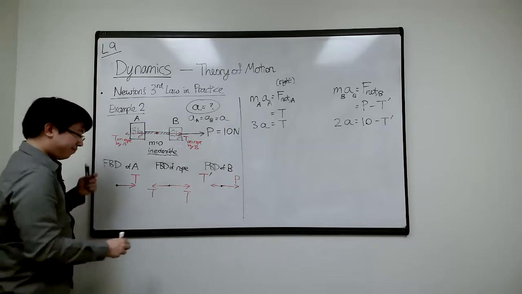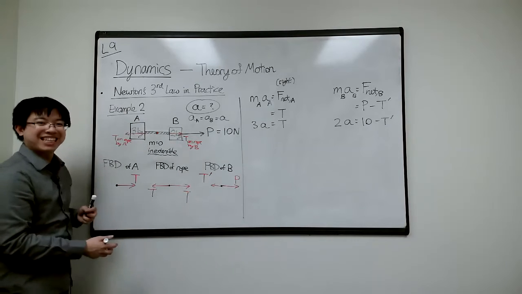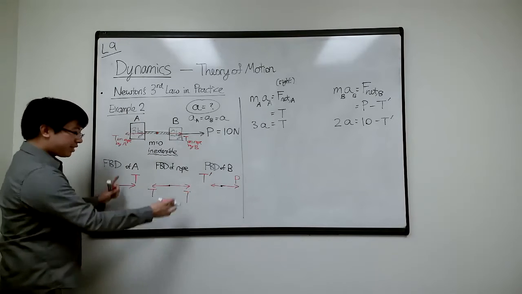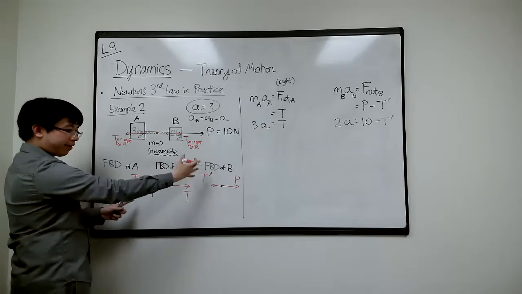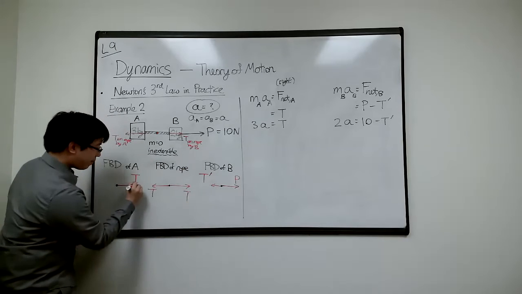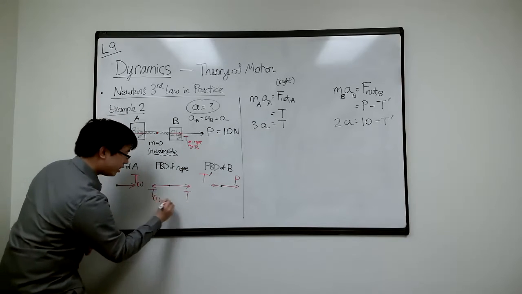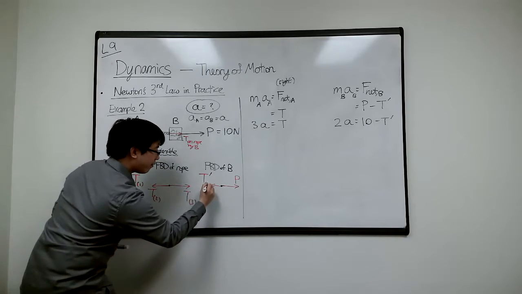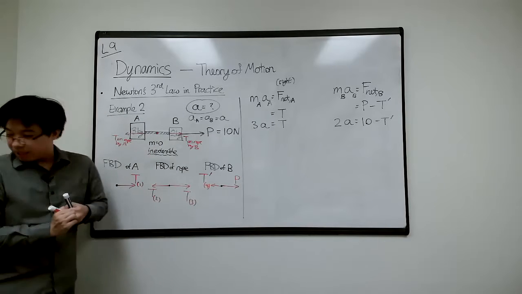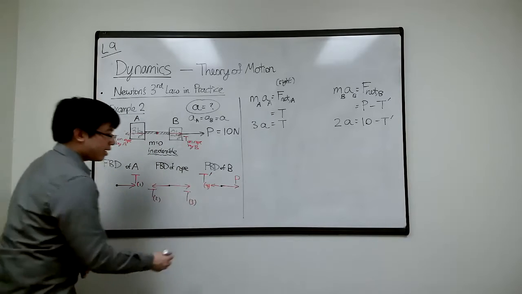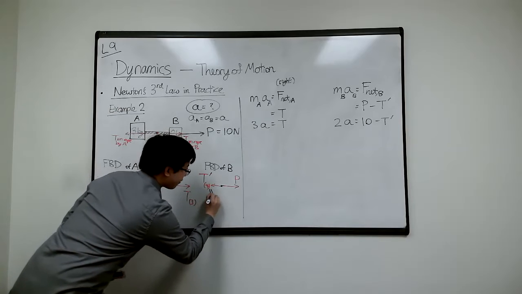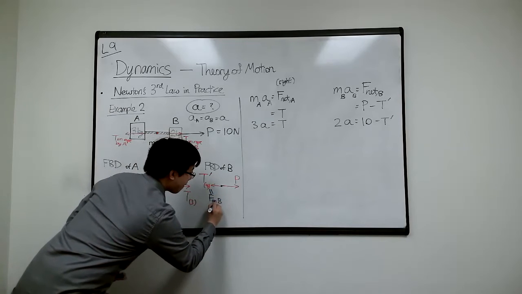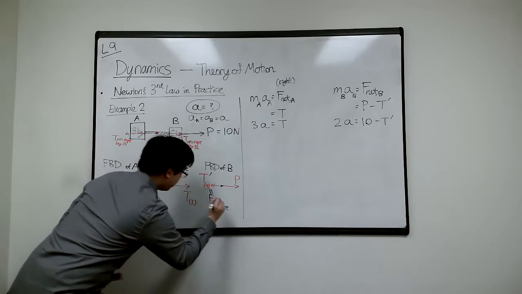Now, I don't want to put double primes and triple primes. That's going a bit overboard. So since I have potentially all different T's, let's label them. This is T1, T2, T3, T4, okay? But more precisely, let's add some explanation. This is the force on B by the rope, okay?